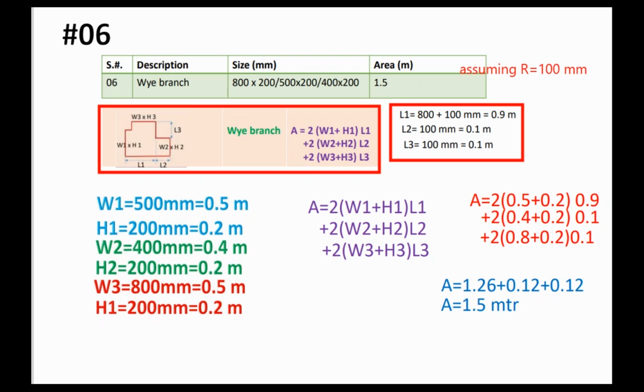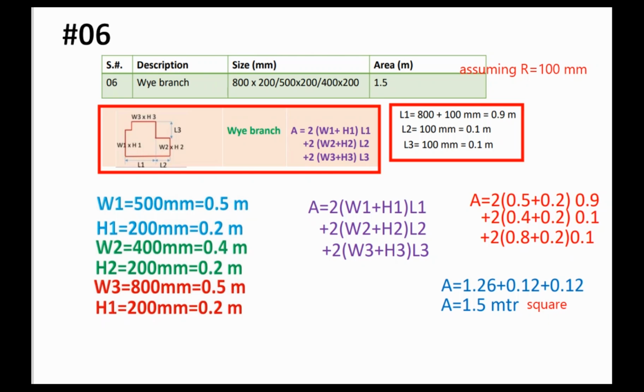Assuming radius for this Y branch equal to 100 mm, we can calculate the value for L1. L1 will be equal to 800 plus 100 is equal to 900 mm and it will be equal to 0.9 meter. L2 will be 100 mm and it will be 0.1 meter. L3 in the same way will be 100 mm and equal to 0.1 meter.